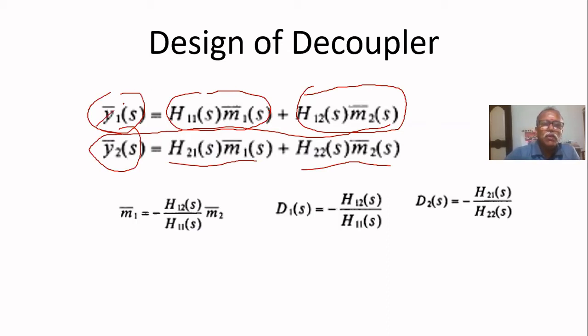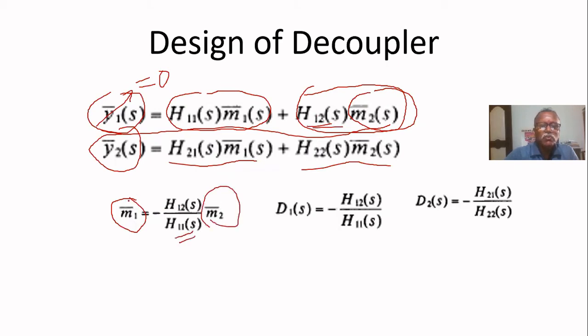If we substitute Y1 equal to 0, then we divide on both sides by H11 and bring M1 to the left hand side. M1 equal to minus H12 divided by H11 multiplied by M2.